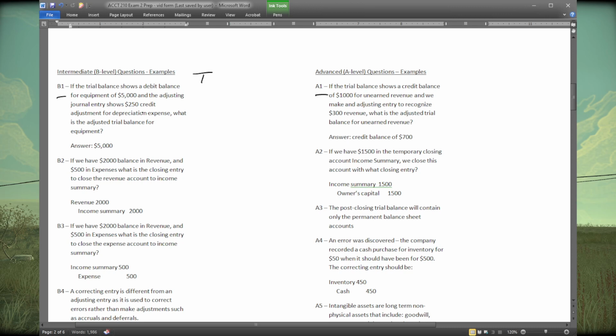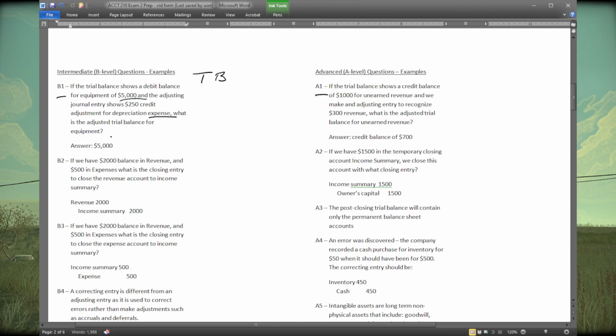So you have 3 different versions. Now here, rather than charting out the trial balance and all that stuff, the important thing to remember is that if a trial balance shows a debit balance of equipment of $5,000 and the adjusting entry is a depreciation expense, the depreciation expense doesn't change the equipment. The equipment stays the same.